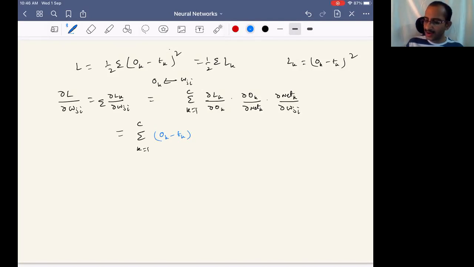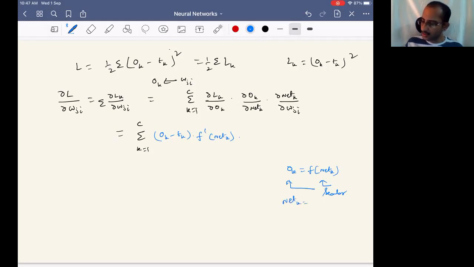Ok is nothing but f of net k, and net k is also a scalar. So dou Ok by dou net k is f dash of net k, a scalar. And dou net k by dou Wji, what is this?